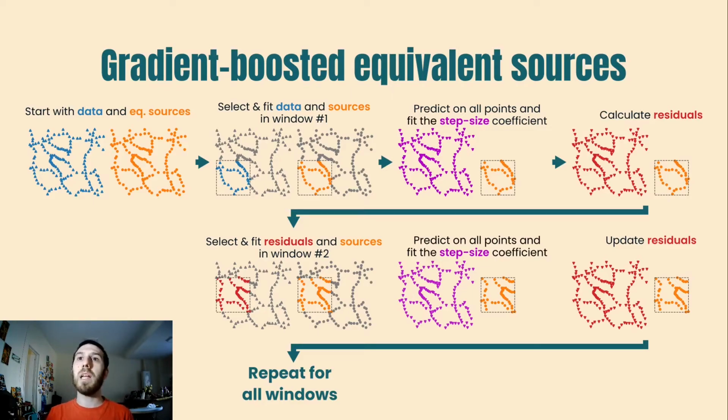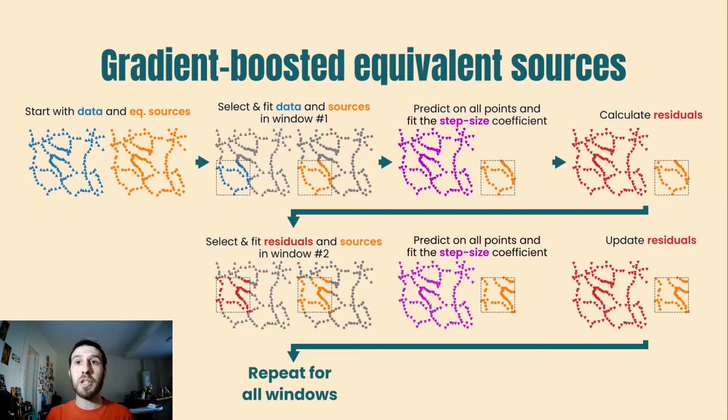This is done by minimizing the difference between the original data and the step size coefficient times the field generated by the first set of sources. This step helps our algorithm on convergence by incorporating to some extent the effect of every data point outside the current window. Finally, we compute the residuals as the difference between the data and the field generated by this set of sources times the step size coefficient.